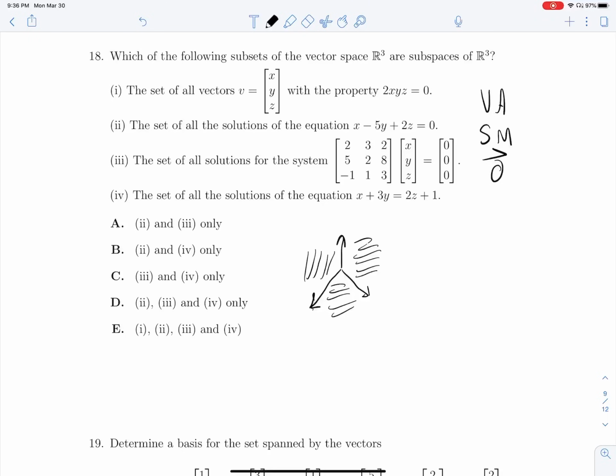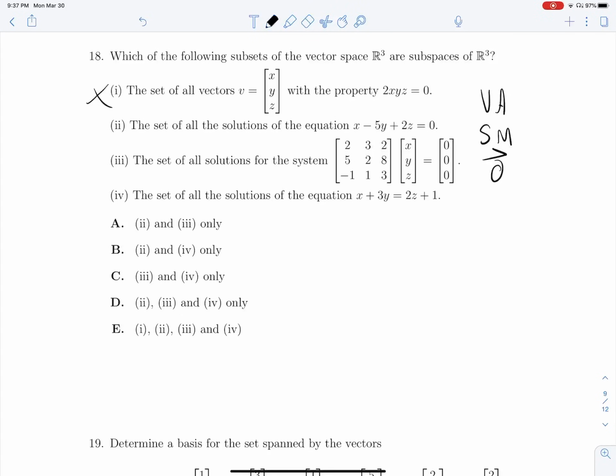And that's no good because if we take a vector in this plane and add it to a vector in that plane, you will get a vector that's kind of coming out of the page up in the first octant itself, not just on one of the coordinate planes. So this first one is not closed under vector addition, so that's no good.